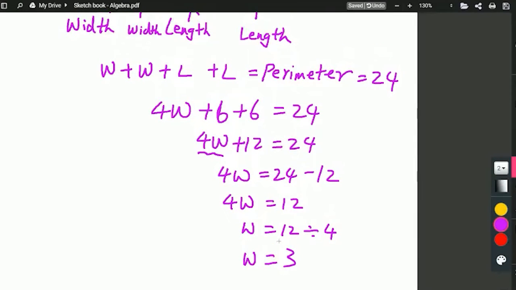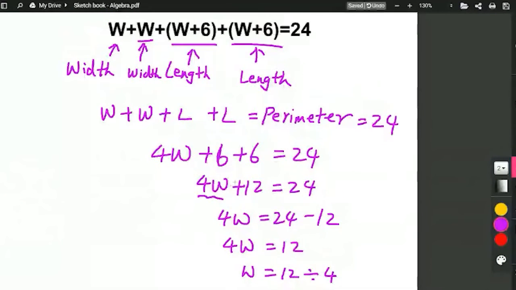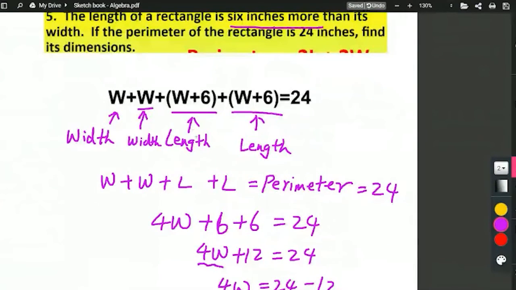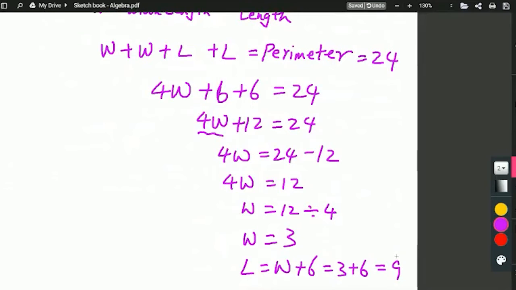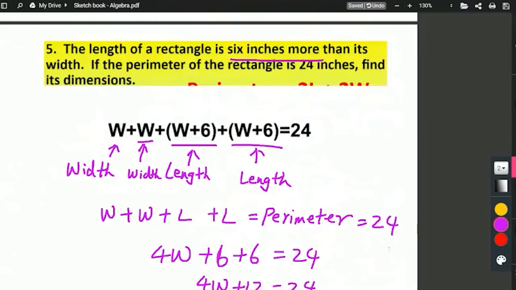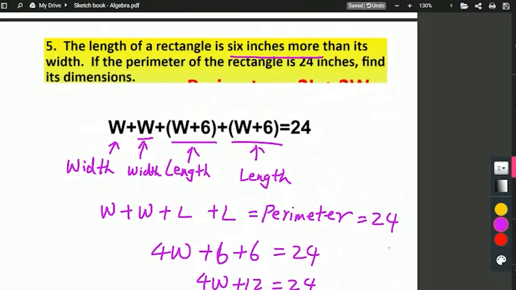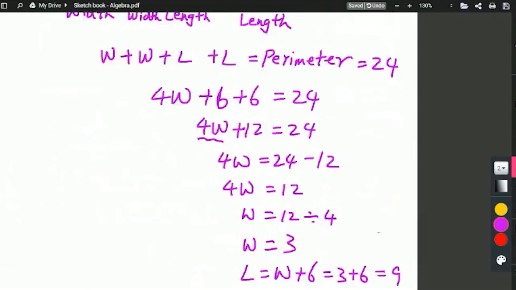Once we have the width, we can easily find out the length. The length is 6 more than the width, which is 3 plus 6, and that is 9. So we solved it. For this rectangle, the width is 3, and the length is 9. Okay?